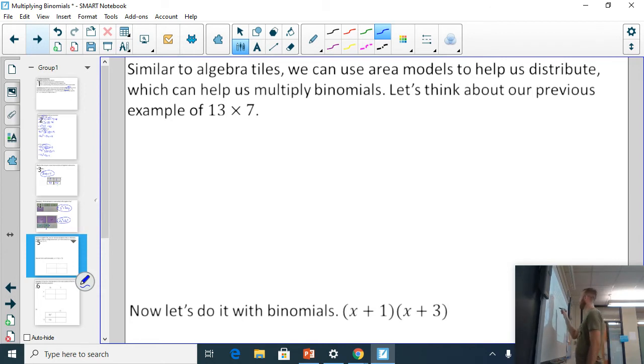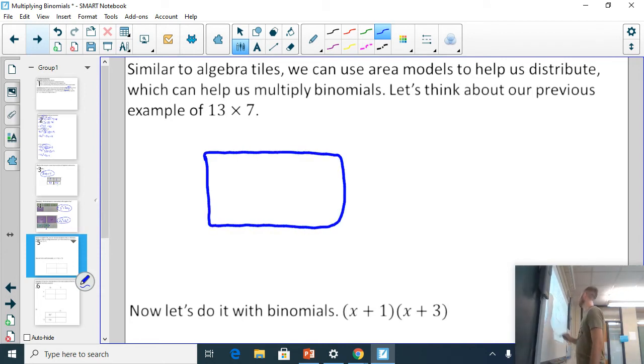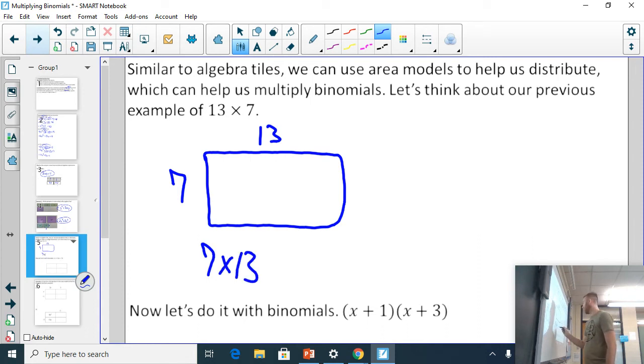If we had a rectangle that was 7 by 13, and I asked you to find the area, you would just multiply 7 times 13, right? 7 times 10 is 70, and then 7 times 3 is 21. Add them together, you'll get 91.